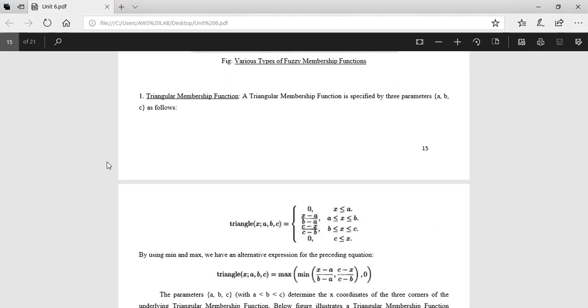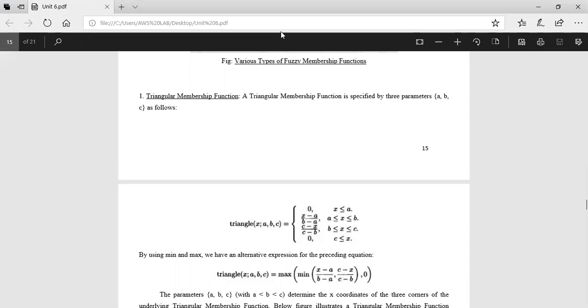So if you want to specify a triangular membership function, you need to have three parameters like A, B, C, right? Taking A, B, C as the 3 parameters, the formula will be like this.